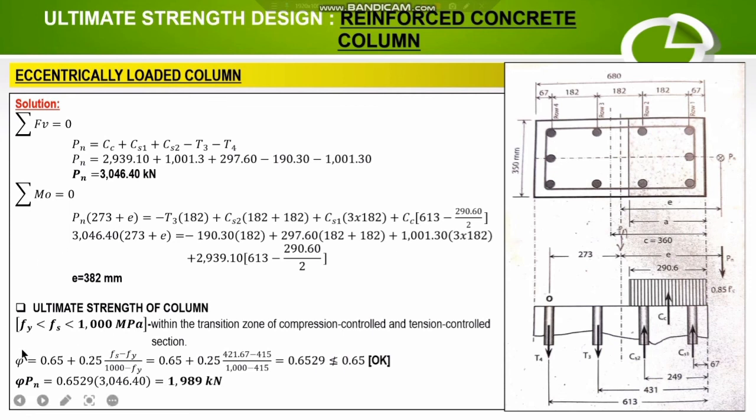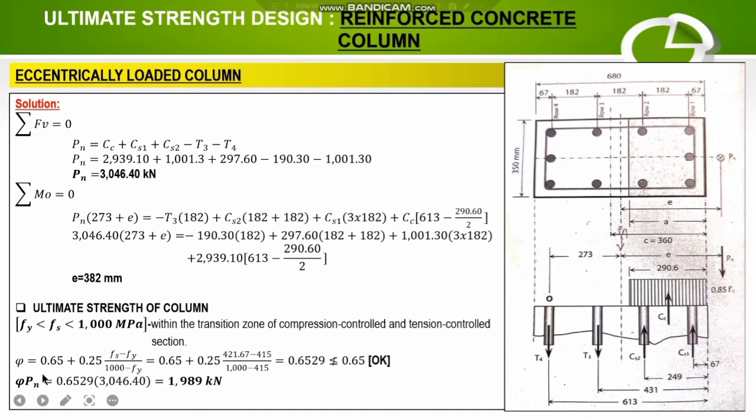So if the column section falls under the transition zone, our phi, or the strength reduction factor, shall be computed based on this given formula. So phi is equal to 0.65 plus 0.25 times Fs minus Fy over 1000 minus Fy.